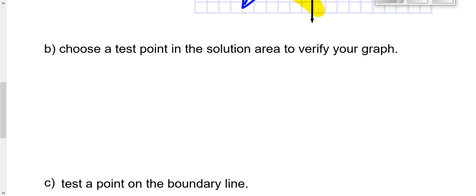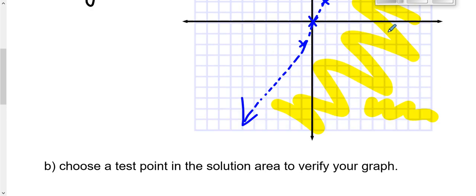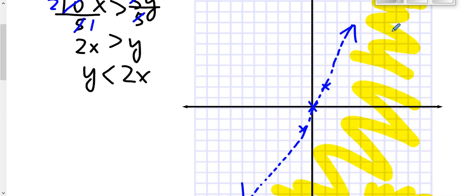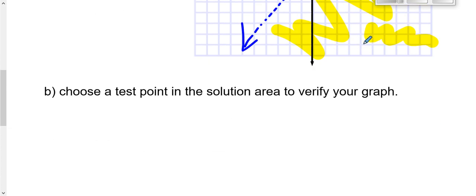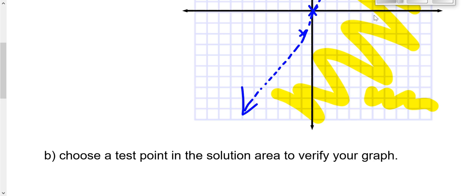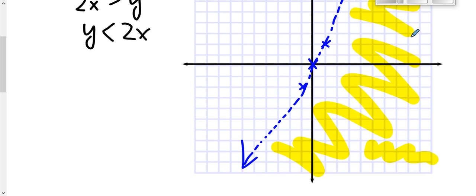All right. So part B, choose a test point in the solution area to verify your graph. So basically, you just randomly pick a point here. Okay, so you can pick a point here, a point here, a point up here, doesn't matter. So I'm going to just pick a point, let's say 5 and 3.